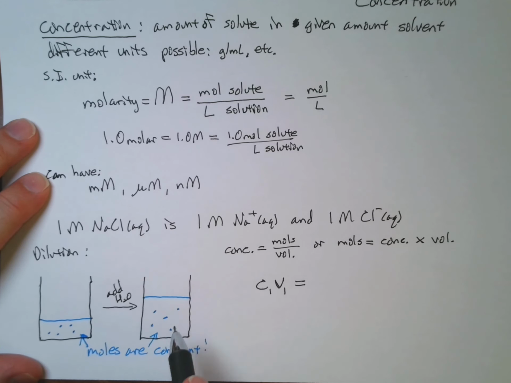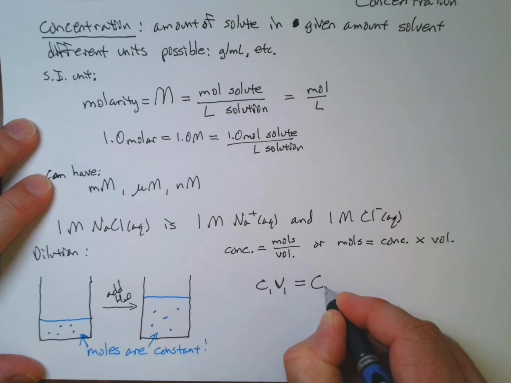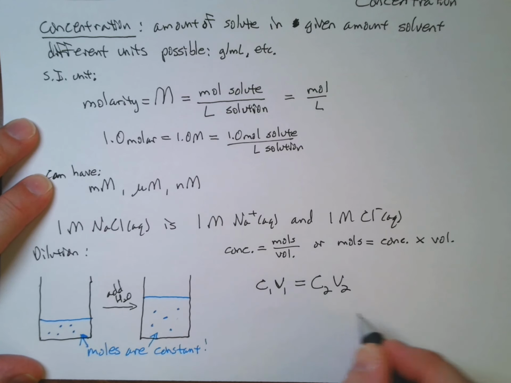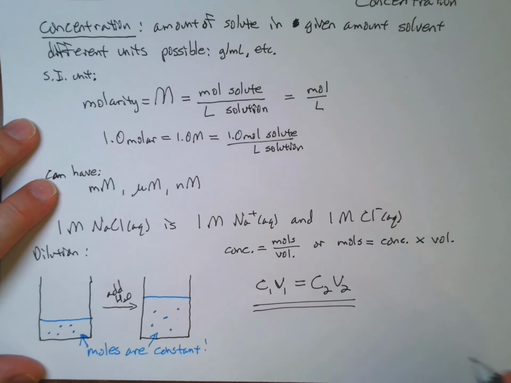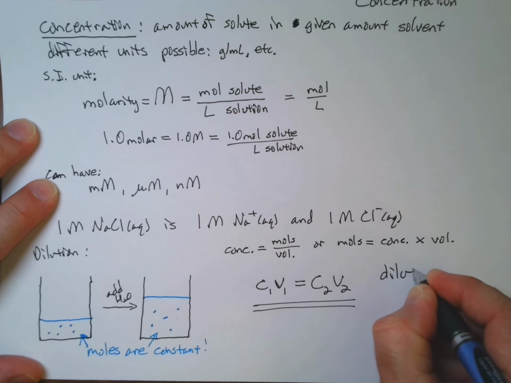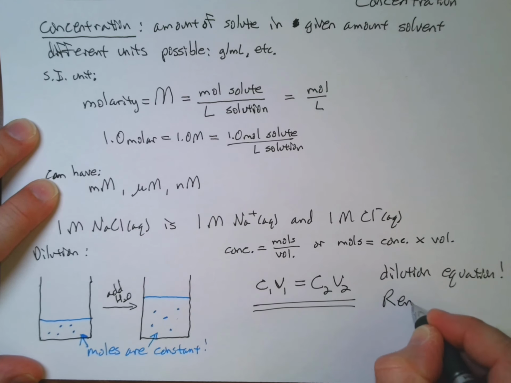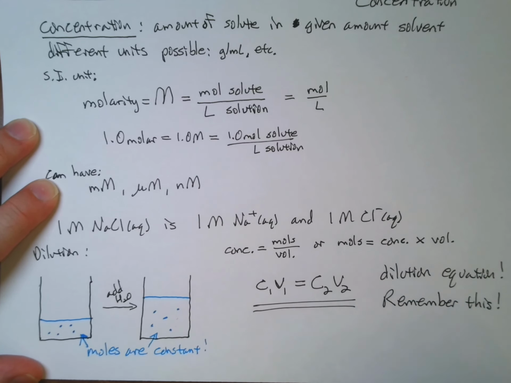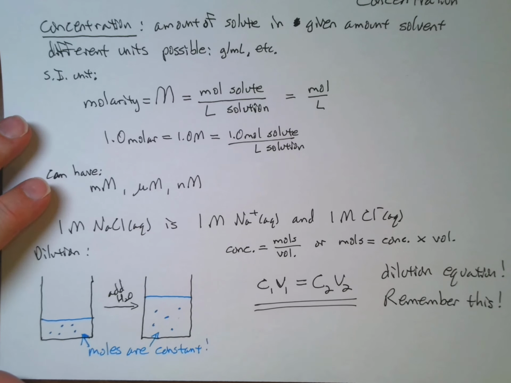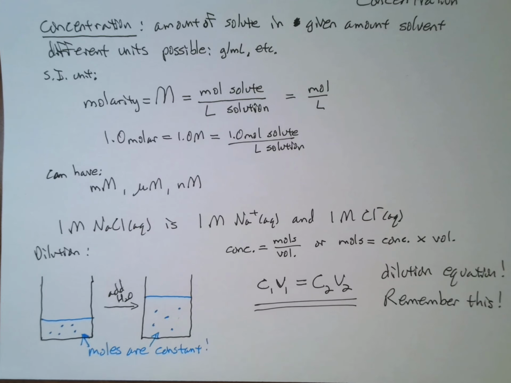When I dilute, I still have the same moles. So solution 2 is concentration 2 times volume 2. But again, it's because the moles are the same. And you need to remember this. You'll want to remember the dilution equation.